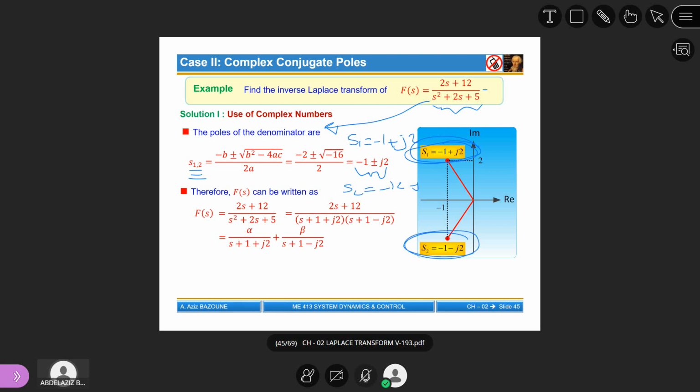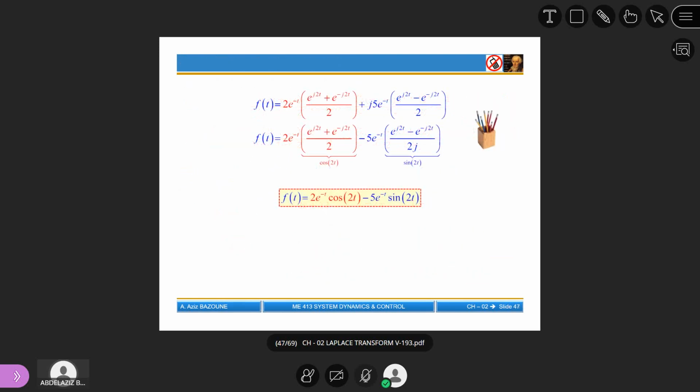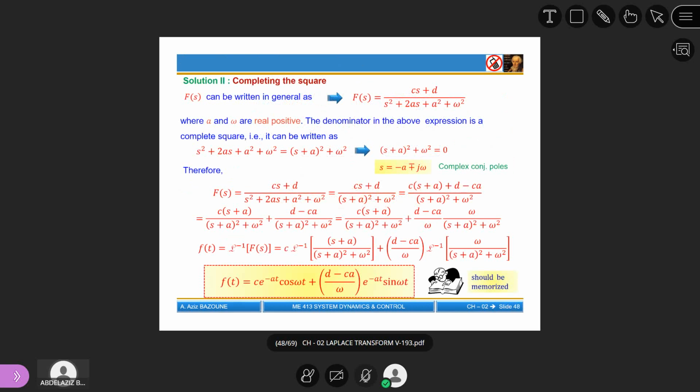Now, guys, if we have these complex conjugate poles, they need a special treatment. This is how we deal with it. There is a complex method to do it, but I will show you a better method: just completing the square.